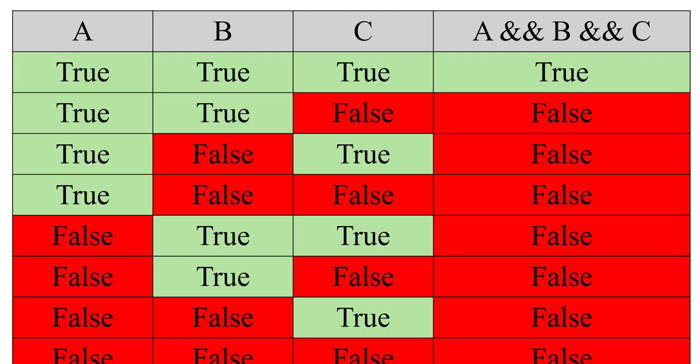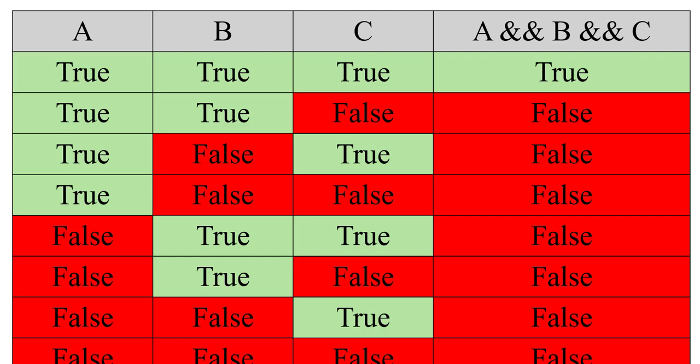What that means is that the compiler will only execute the code until it has enough information to come up with the end result. For logical AND, it only takes one false. So when the compiler gets to the first false condition, it will not execute the rest of the conditions.